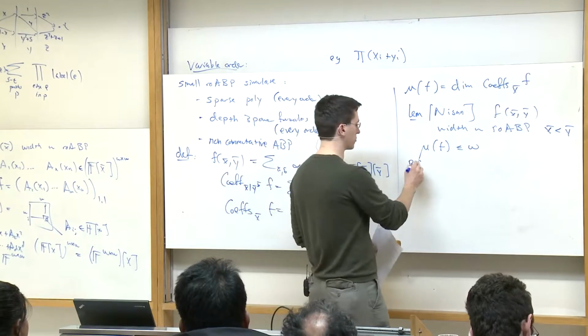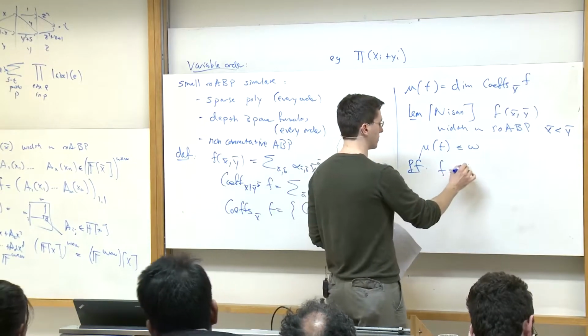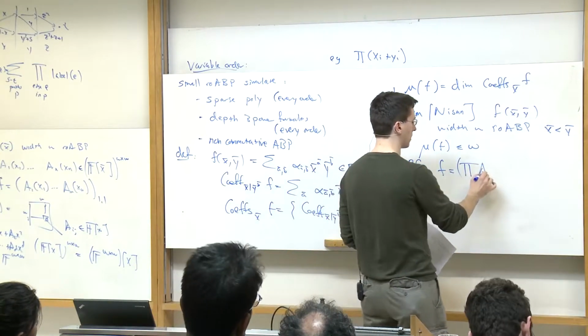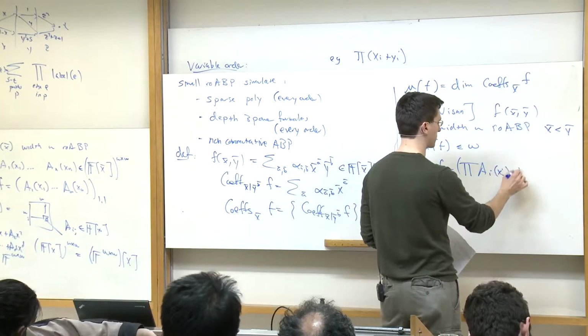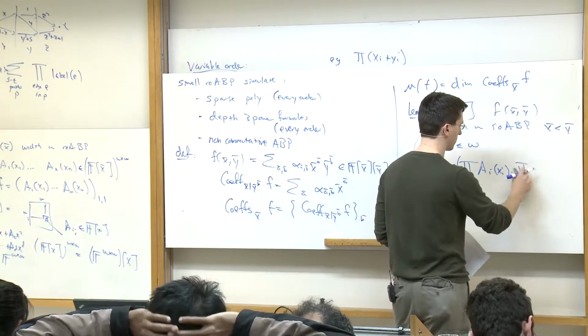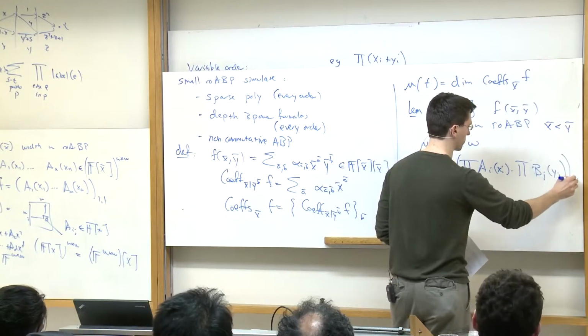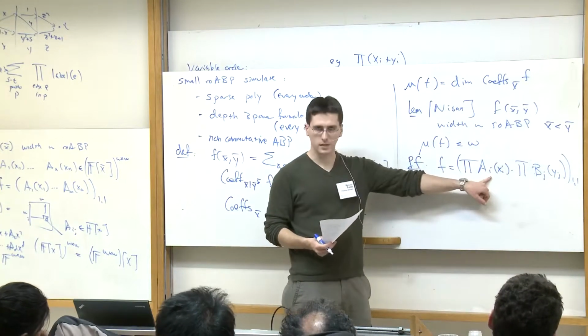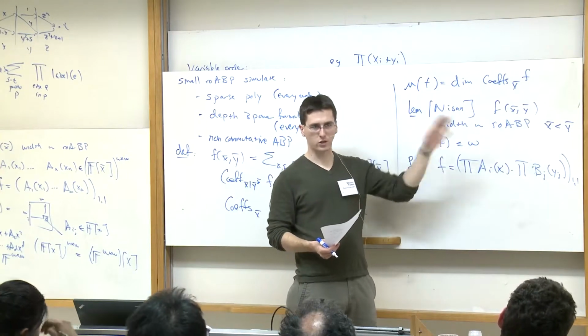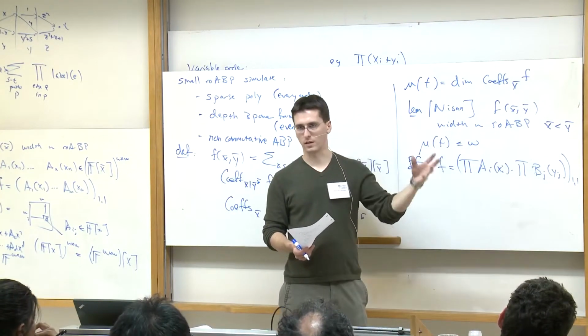Let me remind you why this is true. f is going to be the product of the a_i x_i times the product of the b_j y_j, and then you take the 1,1 entry. This is a matrix product. Let's assume I'm ordering the matrix product so the first variable comes first, the second variable comes second, and so on.